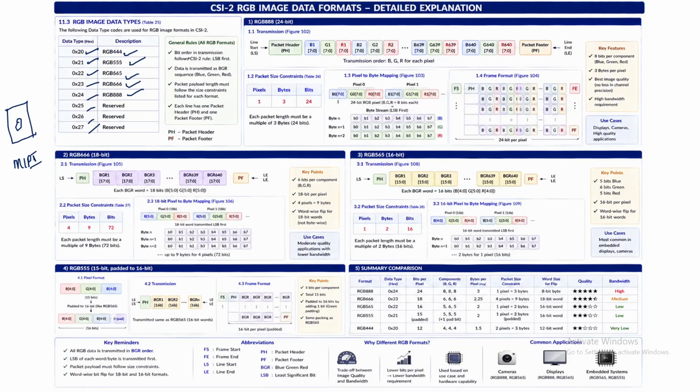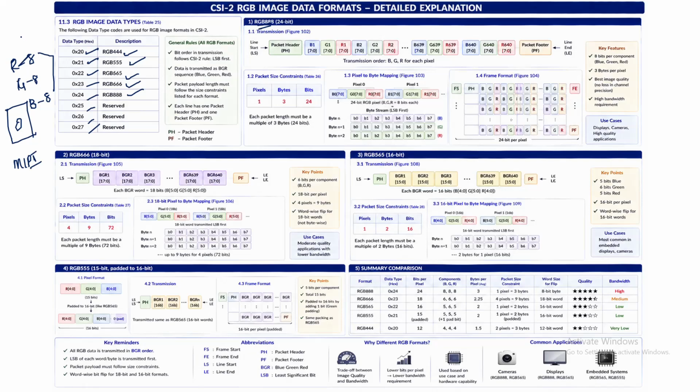Suppose I'm thinking about the general packet rule, how the transmission is happening, that means how each line is transmitted. Based on this RGB model, if you think about the RGB triplet model, R has 8 bits, green has 8 bits, and blue has 8 bits.